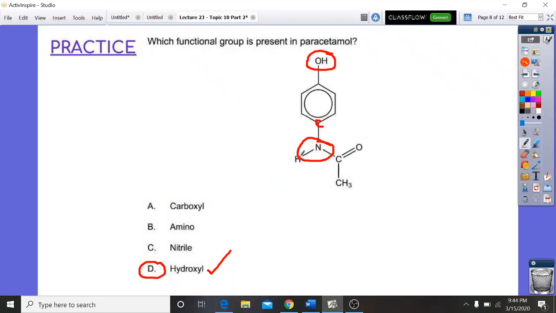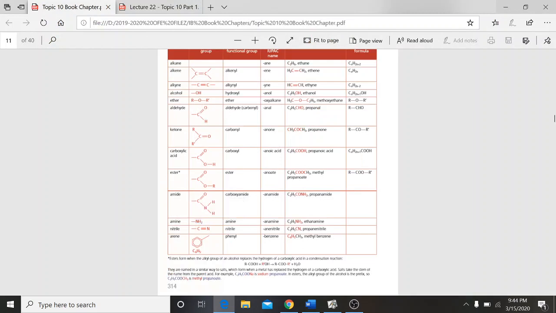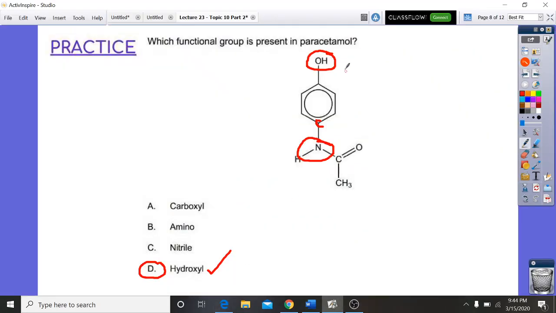It's an N with one H, but then bonded to different R groups and to some functional group here. The other N is a C bonded to an N that's then bonded to two H's. Again, that's not occurring here. So we do not have a carboxyamide, an amine, or a nitrile. What we do have present, though, is our hydroxyl group, which means this paracetamol medicine does contain a hydroxyl group within it.